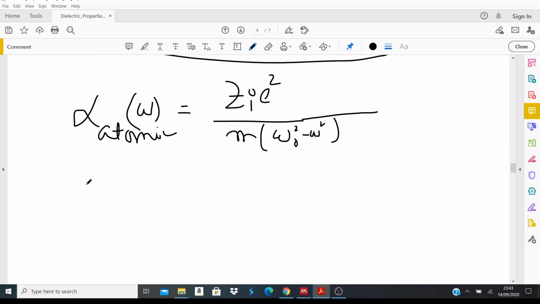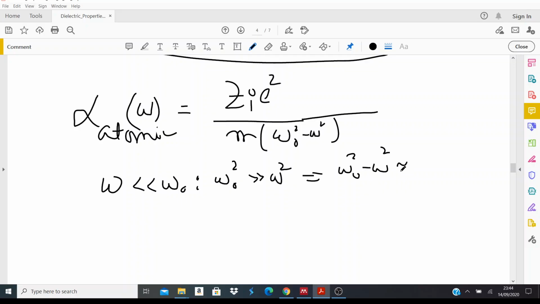Let's say we are in a region where this omega is much less than the resonance frequency omega naught, right? So you can see this condition means omega naught square is much greater than omega square. So this term can be approximated by only omega naught square.